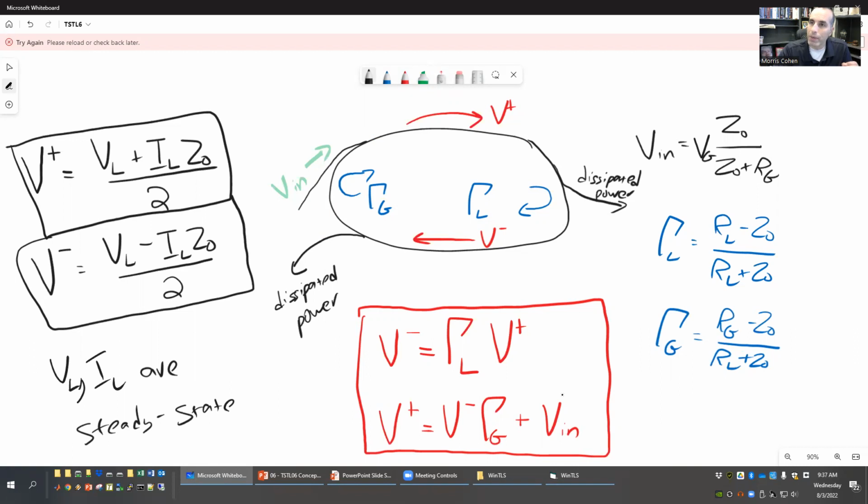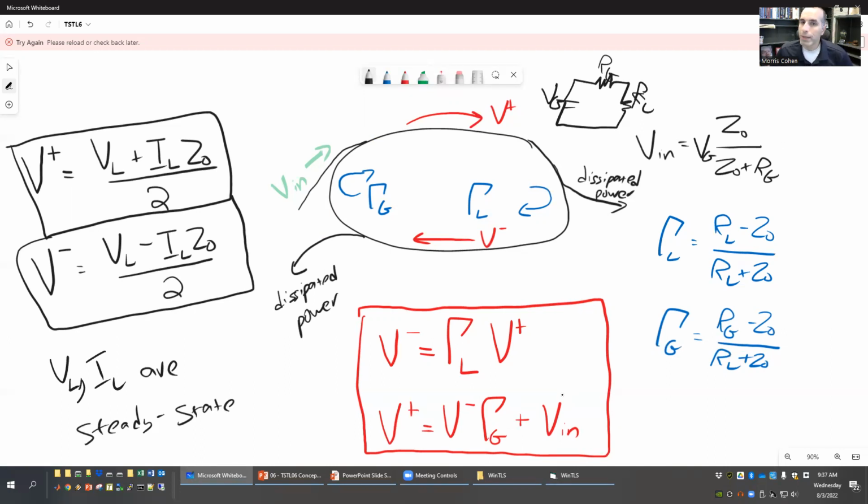Pretend you just have a battery connected to generator resistance, connected to the load resistor. Figure out what the voltage and current on the load are in this case. That's just a straightforward resistor divider. The current is VG divided by the sum of those two resistances. That's what VL and IL are. So substitute those in here.